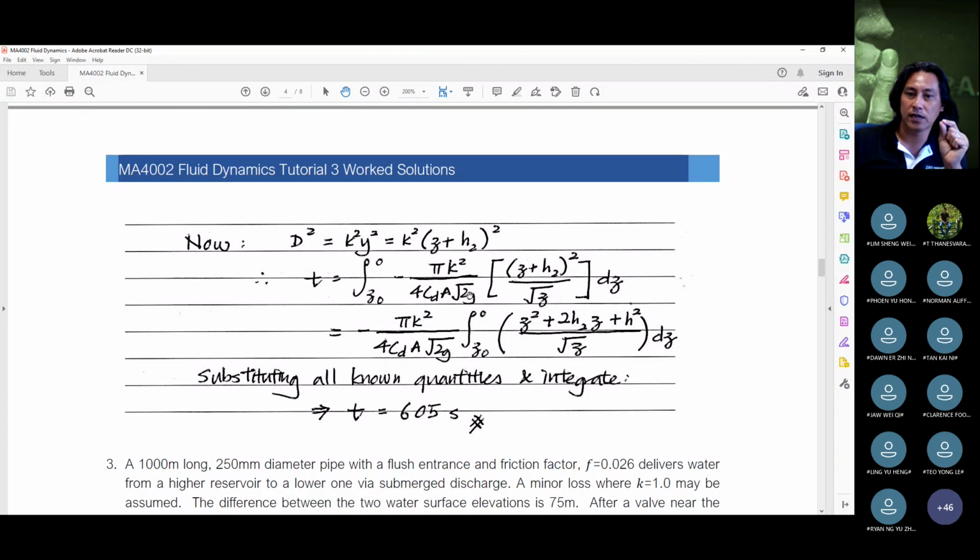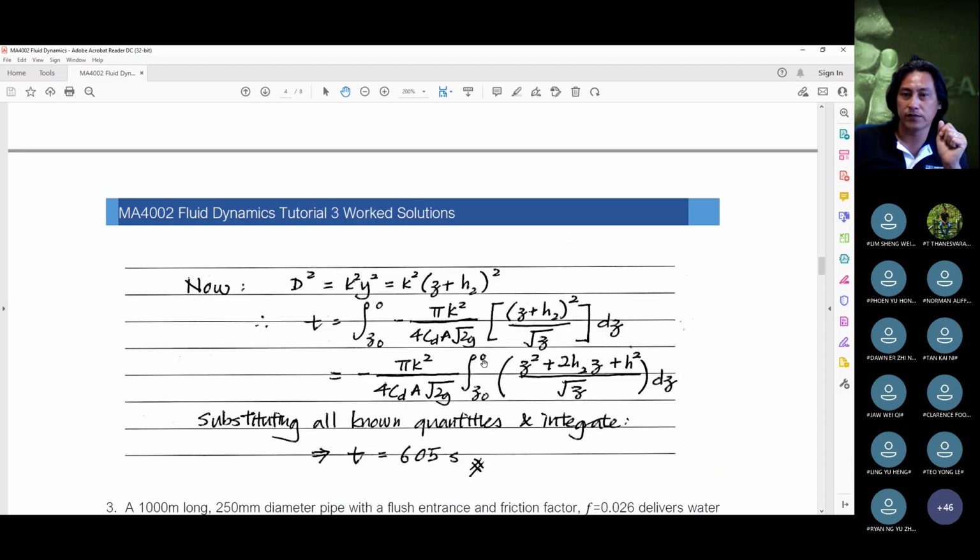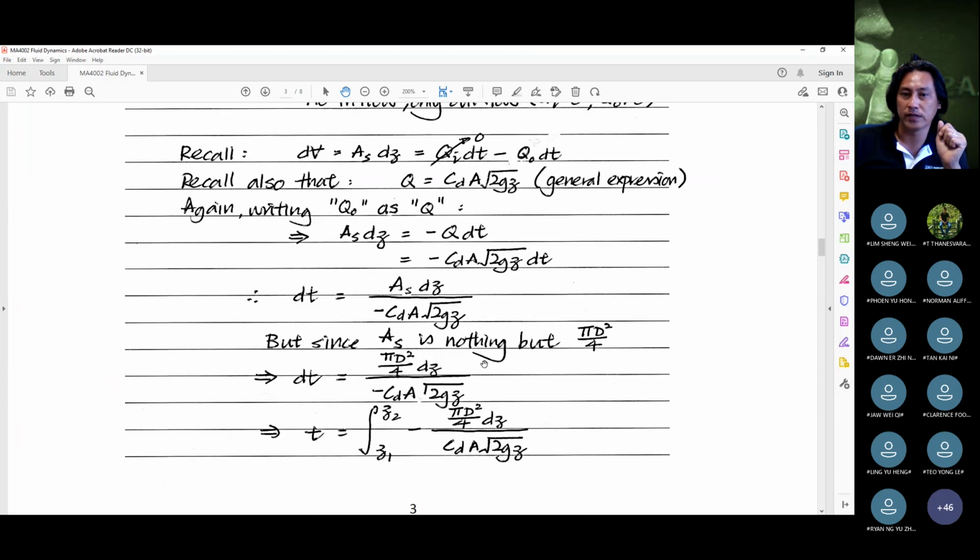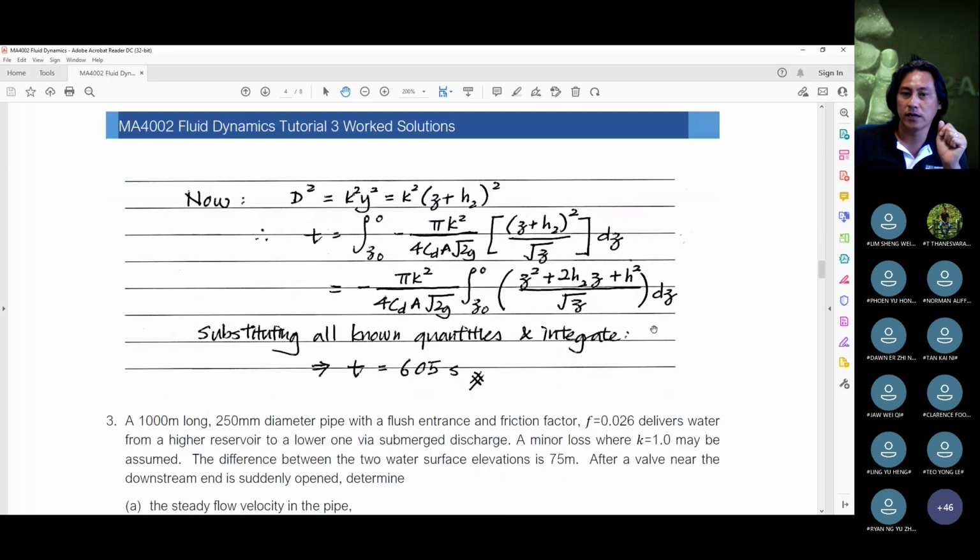Take the constant stuff out of the integration, or expand the terms here as such, and I'm quite sure you know how to integrate these three z terms. z naught here will be the height difference, 10.4 meters. So you substitute all this, put in the integration, and you can work out the time to be about 605 seconds.